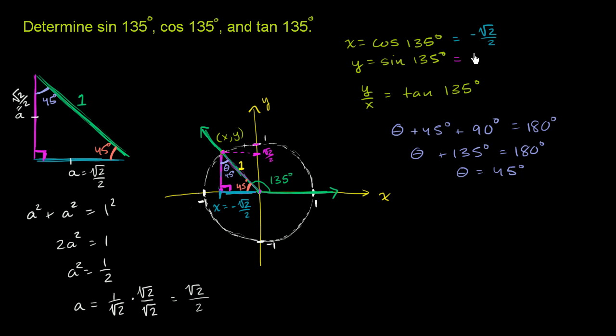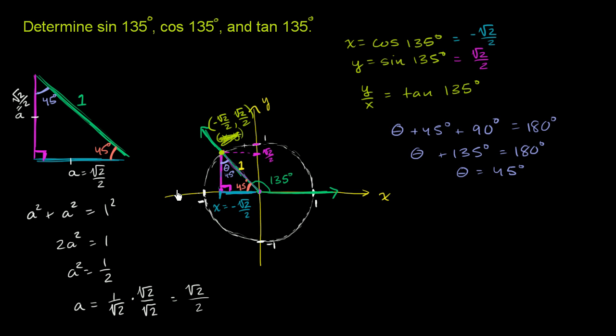And so sine of 135 degrees is square root of 2 over 2. So I can rewrite this coordinate here as the x value is negative square root of 2 over 2, and the y value is positive square root of 2 over 2. So I can write that. I now know the x and y values of that intersection point.